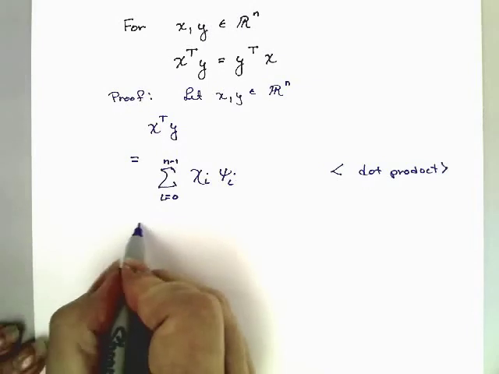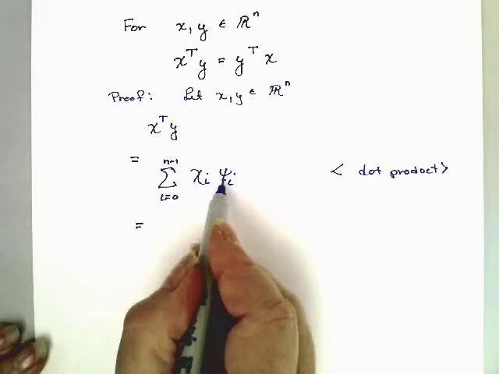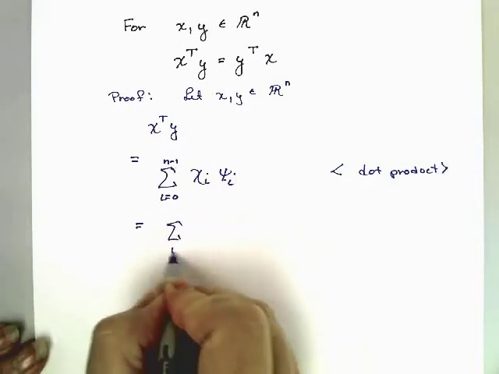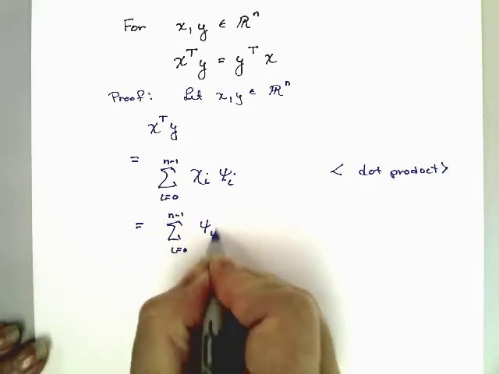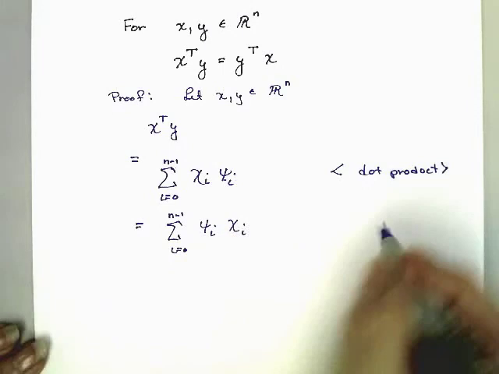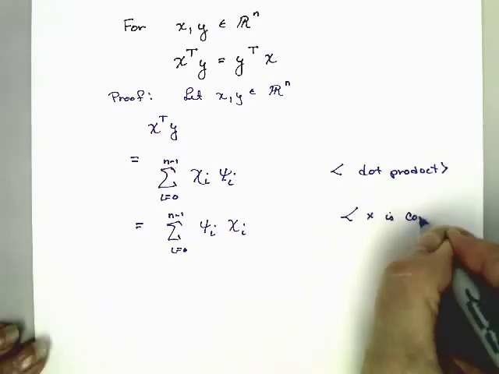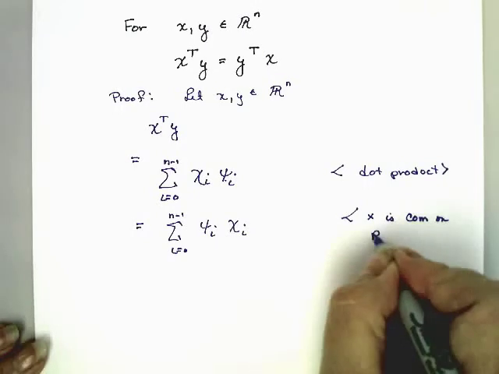But we know that multiplication is commutative, and these are just numbers, scalars. And so this is equivalent to the sum, i from 0 to n minus 1, of psi i times chi i, because multiplication is commutative on reals.